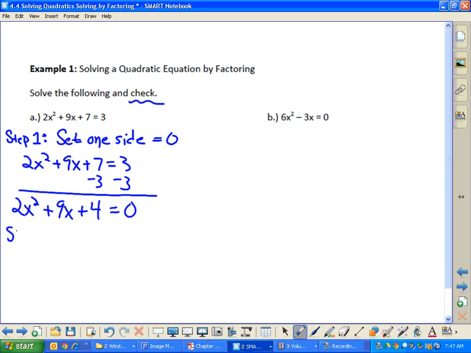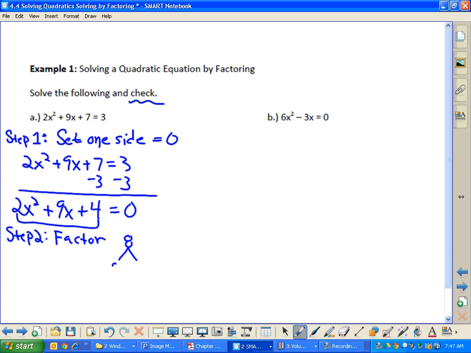Step 2, you can factor. Just like you did on your quiz, just like we've been doing in class. Here I'd probably AC group this, so I'd be thinking of 2 times 4, factors of 8 that could possibly give me 9.